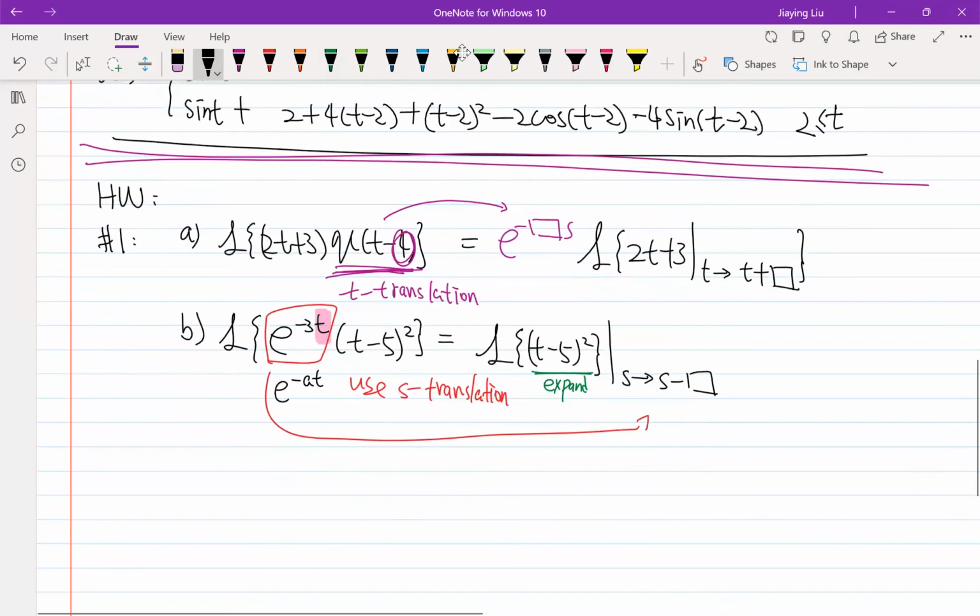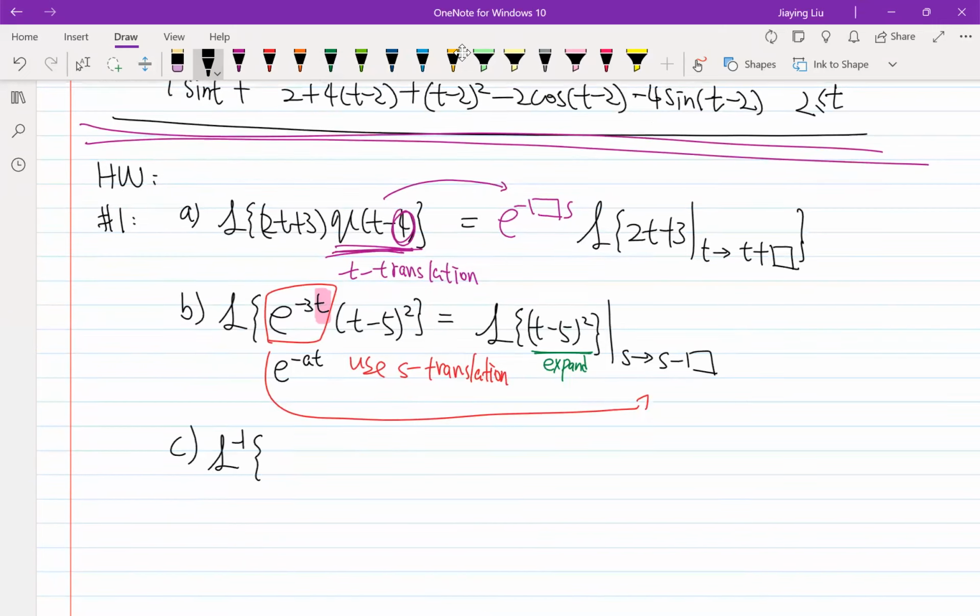So that's B. C, which is finding the inverse Laplace transform of (2s plus 3) divided by (s squared plus 6s plus 34). It looks like it's simple, just a fraction, right? You might try partial fractions.